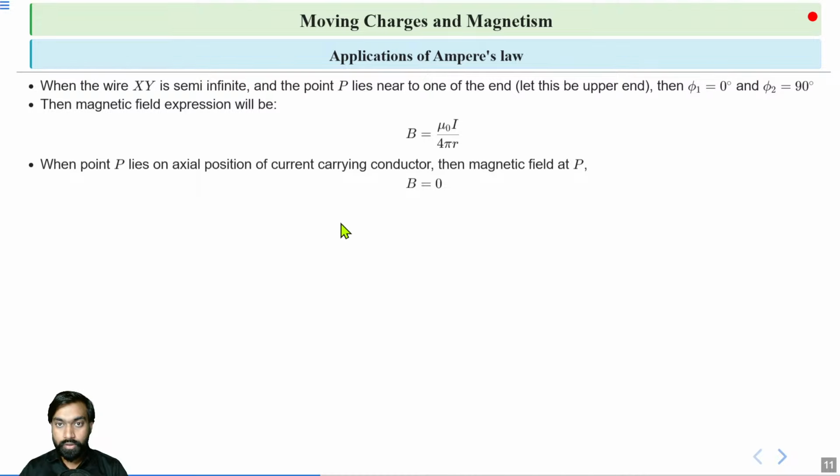So we can say B equal to 0. This happens because the magnetic field lines form circles around the wire, and on the axis of the wire the field contributions cancel out.